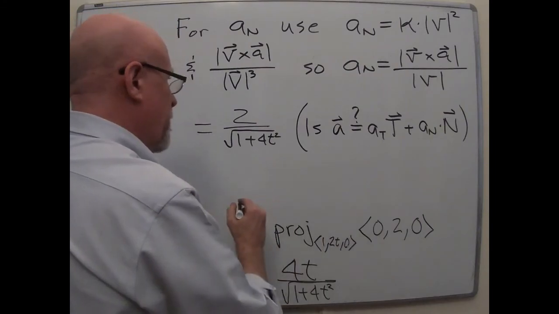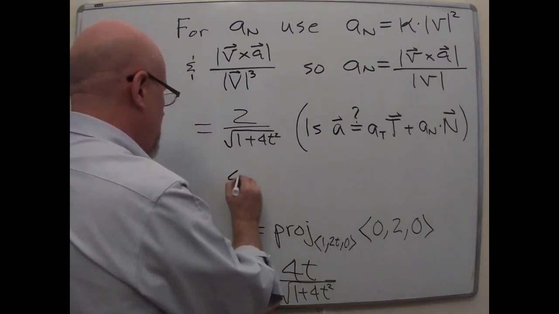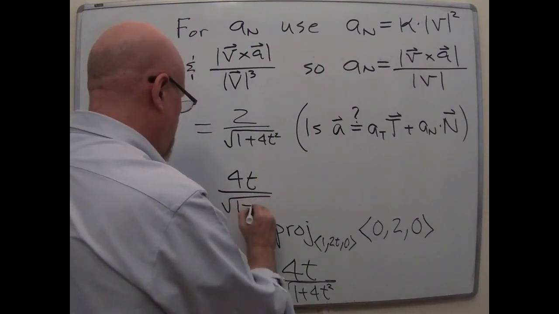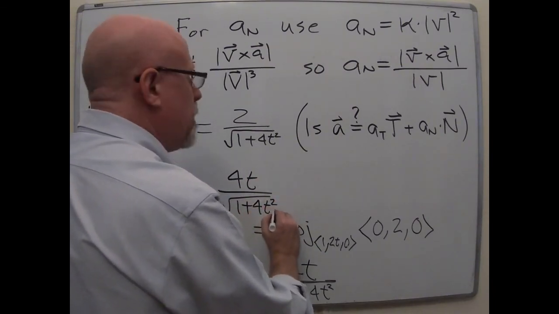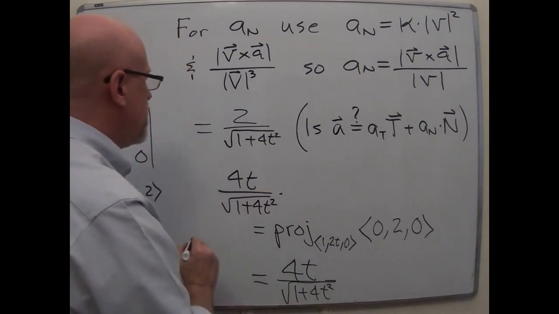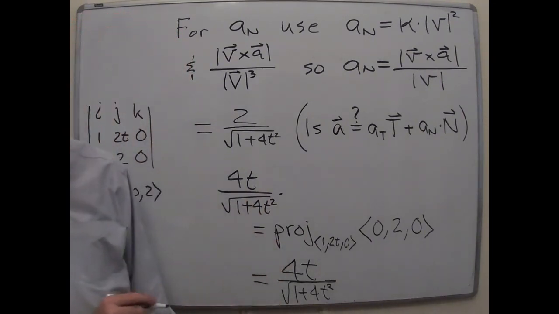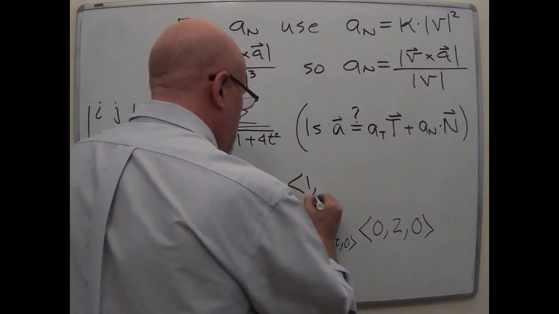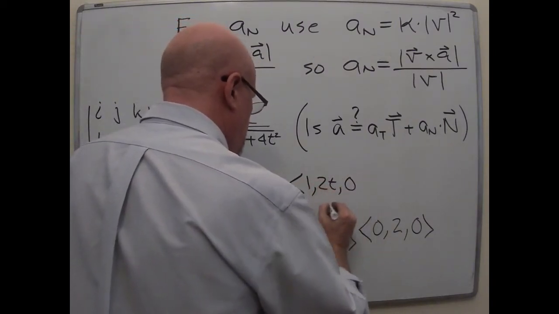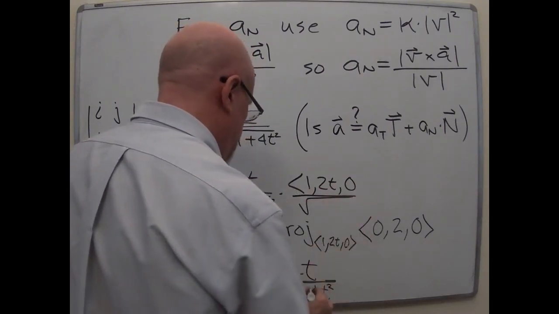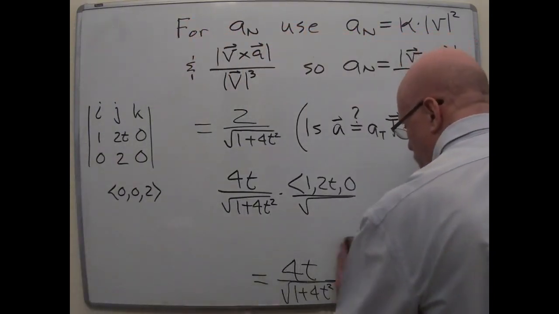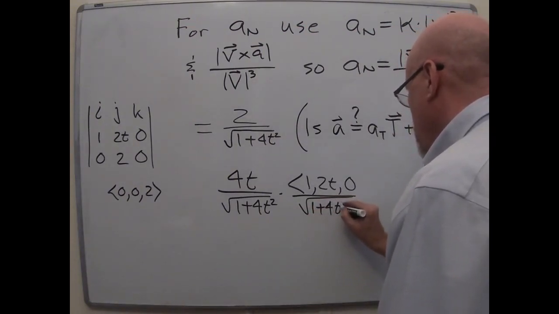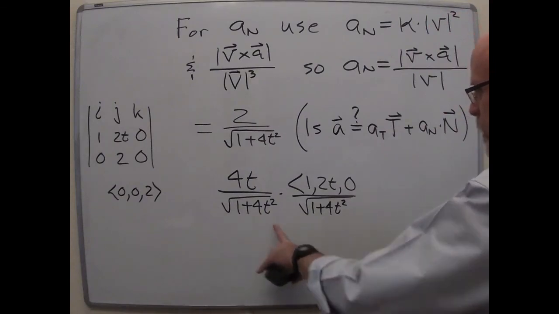Okay, it's the first number I've got. So 4t over that square root of 1 plus 4t squared times the tangent vector. Good, I wrote it in my notes. It's 1, 2t, 0 over that same radical. So that's a sub t, that's T.